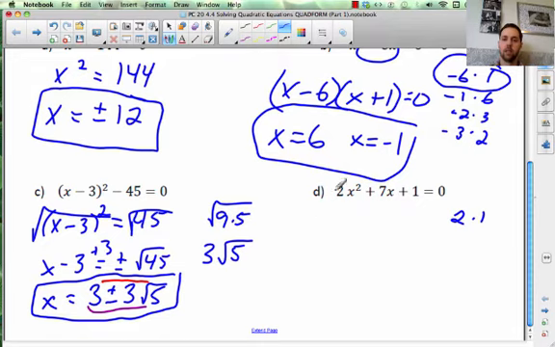And then we have no way for these things to add up to plus 7x when we multiply them. So here, this is a good indicator that we are going to need to try to factor this in a different way, or complete the square in this case.